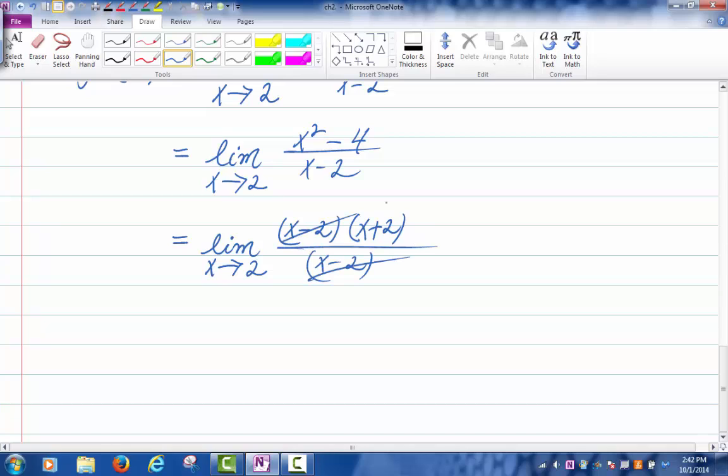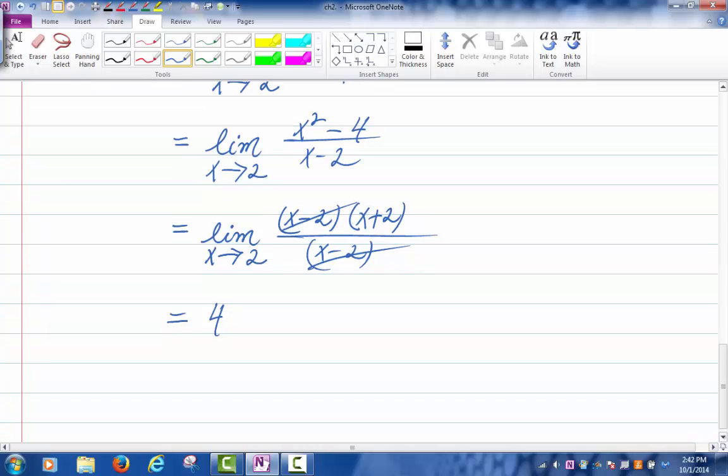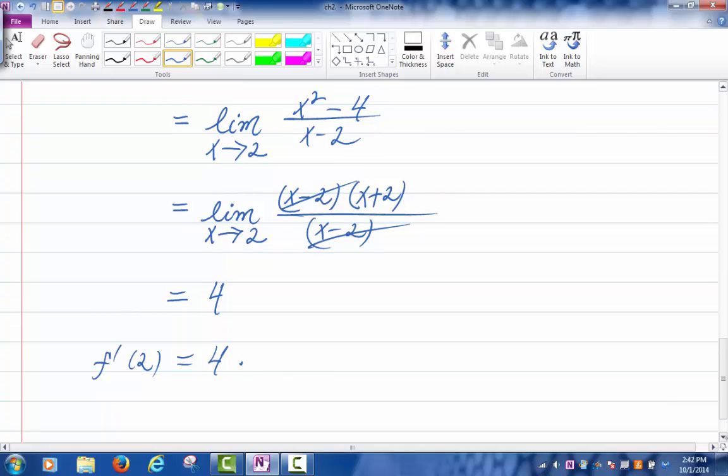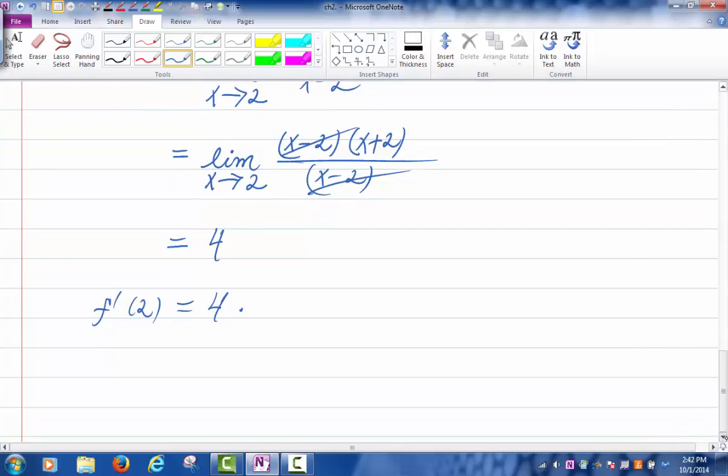Cancel out x minus 2. And when you plug in 2 now, you get 4, right? Is everybody okay? Okay, so what we have found in this case is that f prime of 2 is 4. So that's how we can find the derivative of the function at a given number like 2.